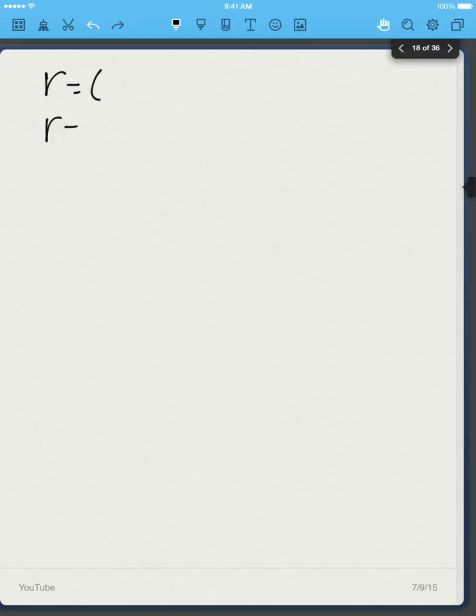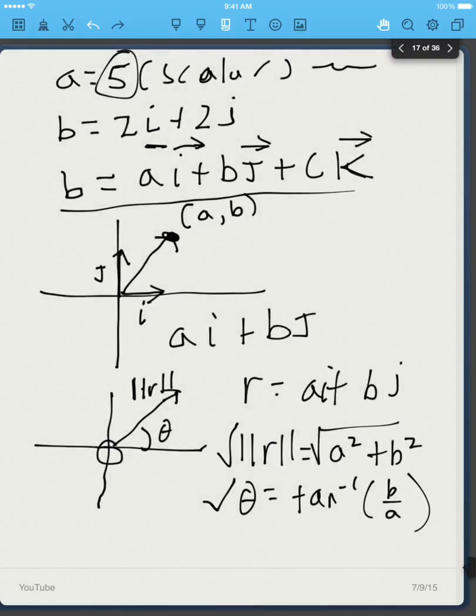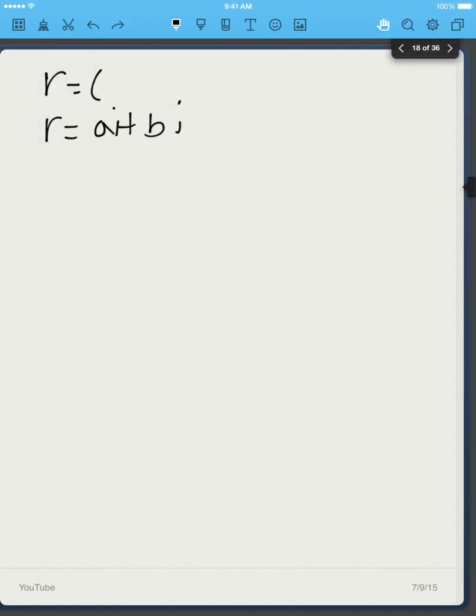Before, I said r equals ai plus bj. We can denote that as an ordered set in R2, because this right here is R2. So we can think about this as a point (a, b), just like a point in the xy plane.